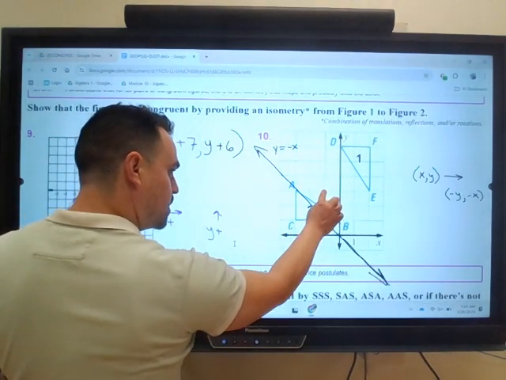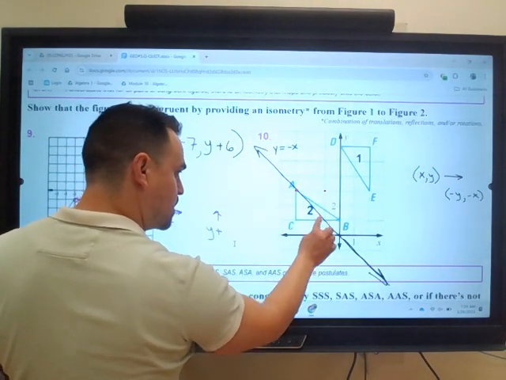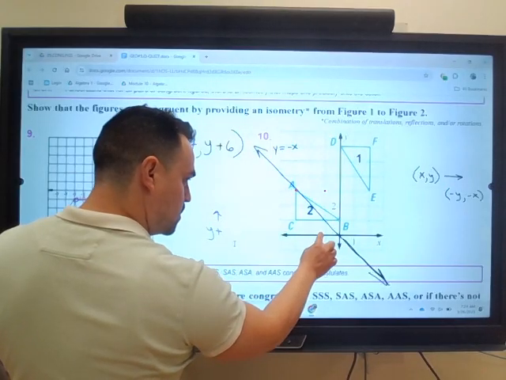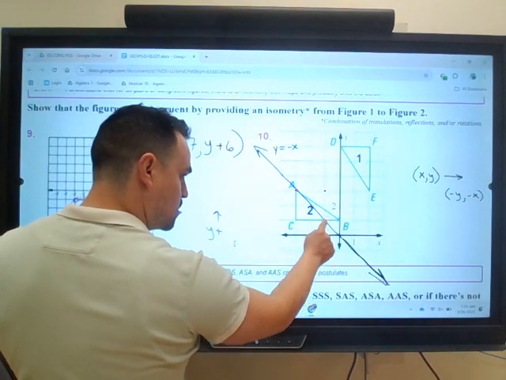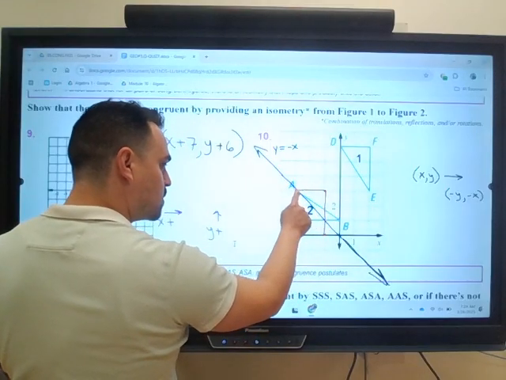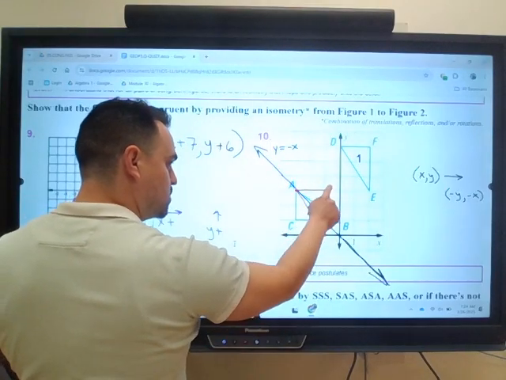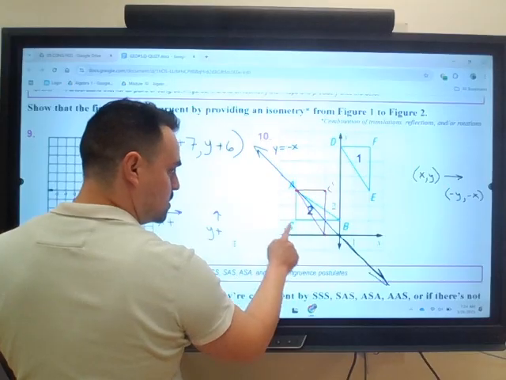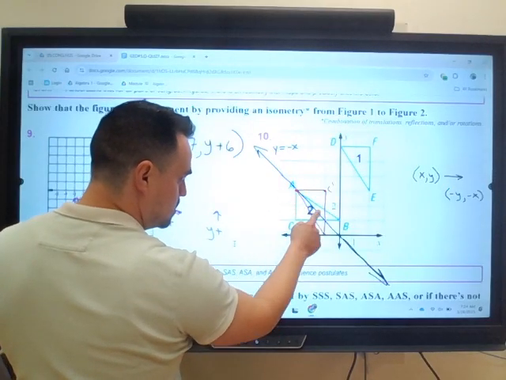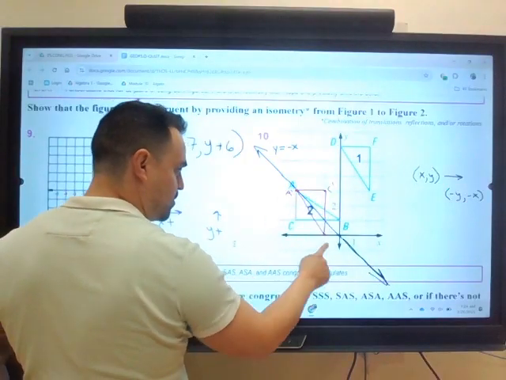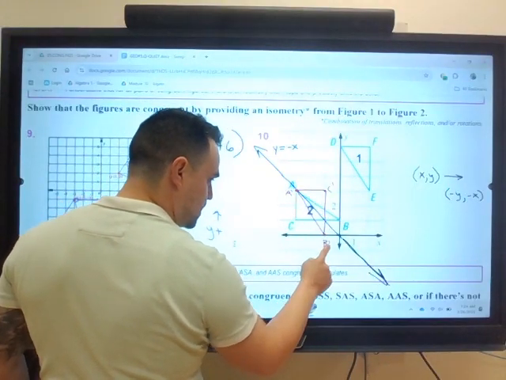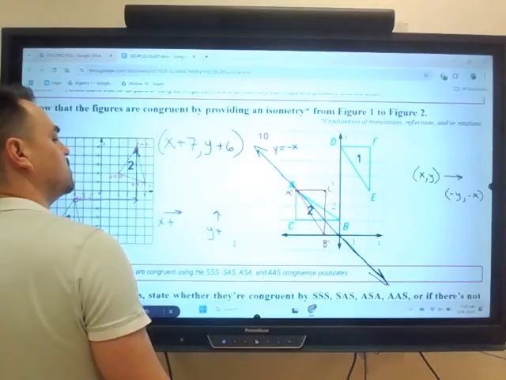That'll go over here, that'll stay there. And then that'll go like here. So that'll be C prime, A prime, and B prime right there. That would be our reflection.